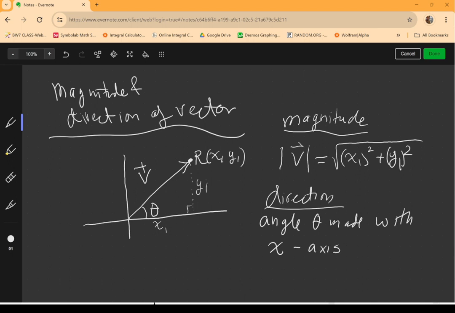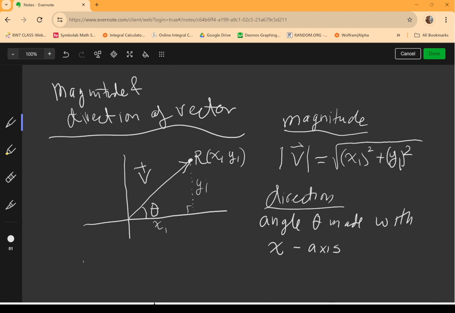Usually we'll refer to the positive x-axis, but depending on applications, there's no standard we have to be held to. Maybe it's the negative x-axis, but that will be explicitly stated. So when we refer to direction, we'll state whether it's with the positive x-axis, the negative x-axis, or in rare occasions the y-axis. For now we'll just think of it as the angle made with the positive x-axis.